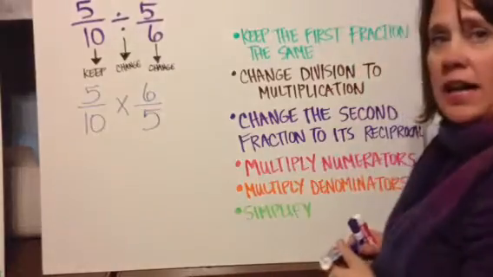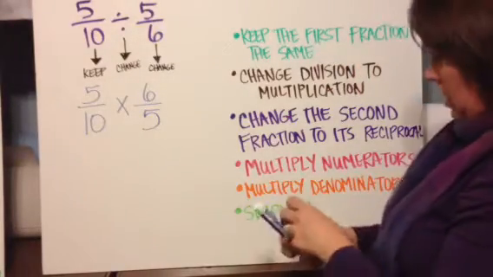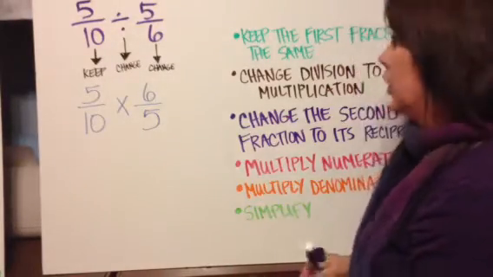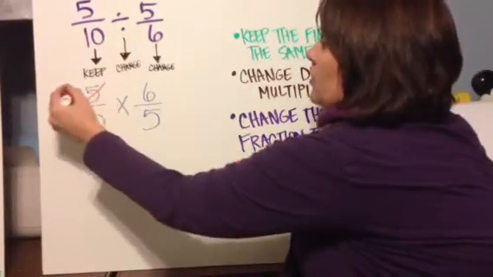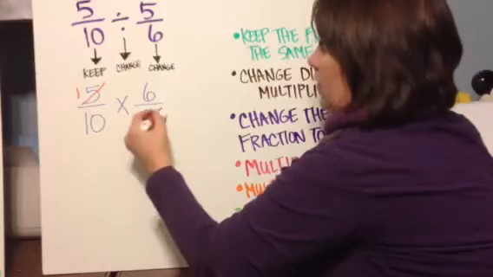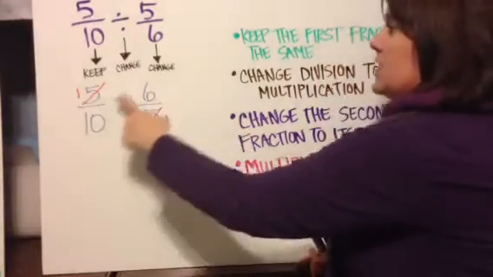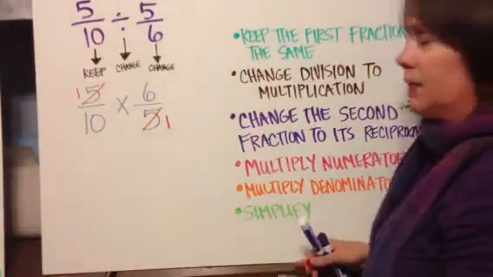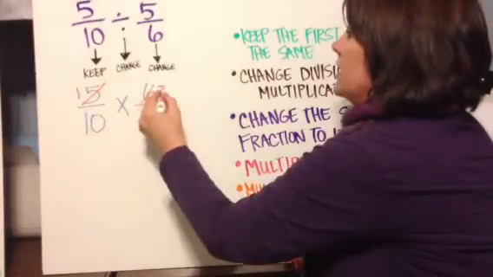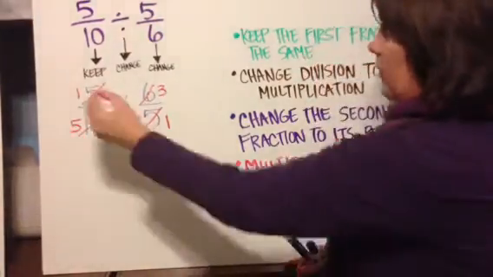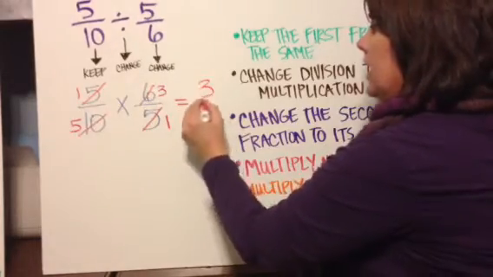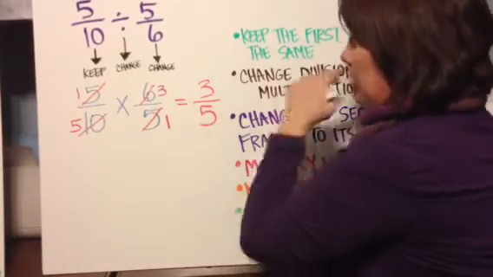Then I multiply like normal. I'm going to see if I can cross-cancel first. I know that 5 goes into both 5 and 5, so 5 goes into 5 once, 5 goes into 5 once. I also know that 2 goes into both 6 and 10. 2 goes into 6 3 times, 2 goes into 10 5 times. So now I have 1 times 3, which is 3, and 5 times 1, which is 5.